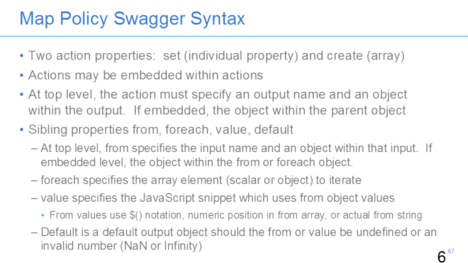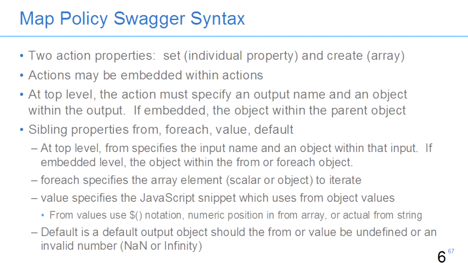So I might have something like output.addressLabel.firstName. If we're doing embedded actions, where we're stepping through that, the object you are setting now does not have that actual output name. That's kind of implicit. It's only going to be the object within the parent object that we're actually mapping in this case.